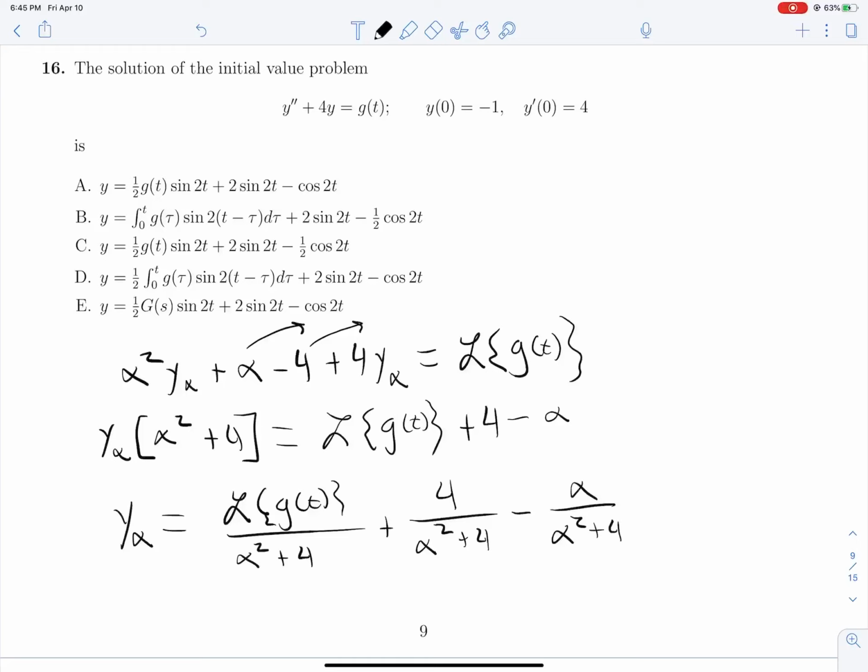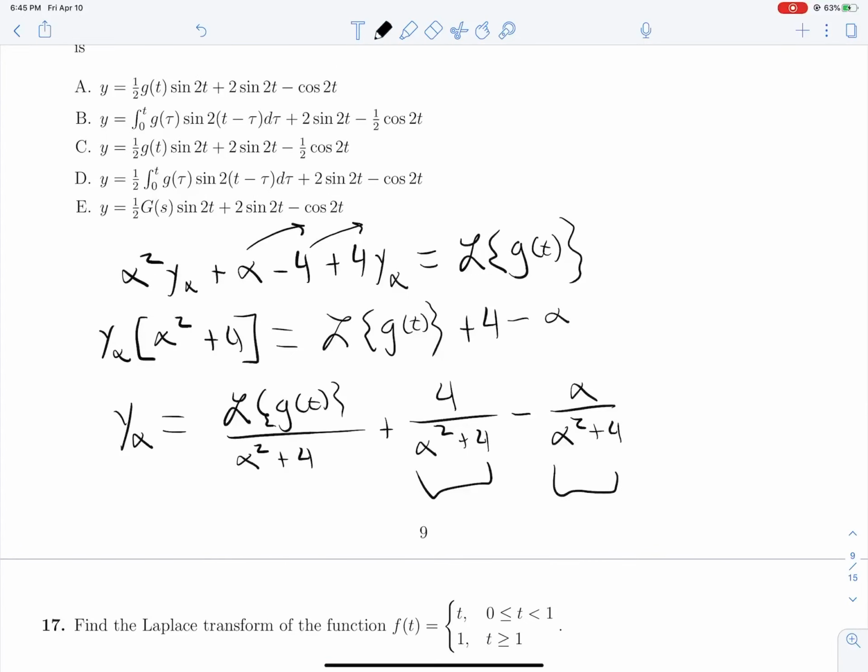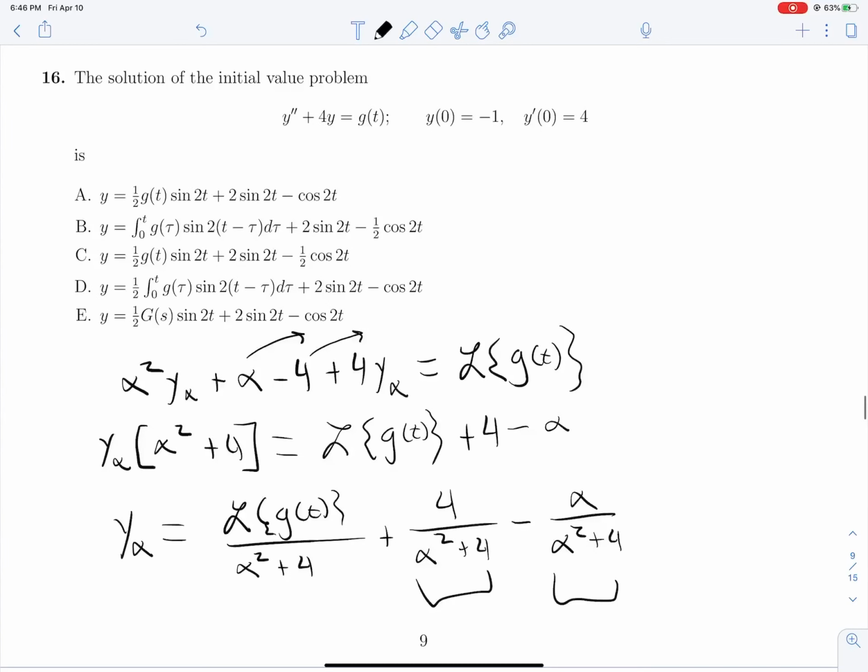And quickly, we know that these two terms are going to be easy peasy to solve for. We know that one of the components of y of t is 2 sine 2t. And where am I getting that from?